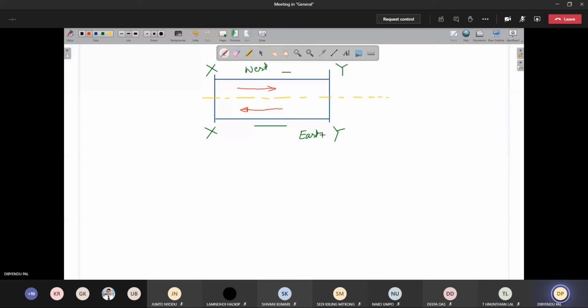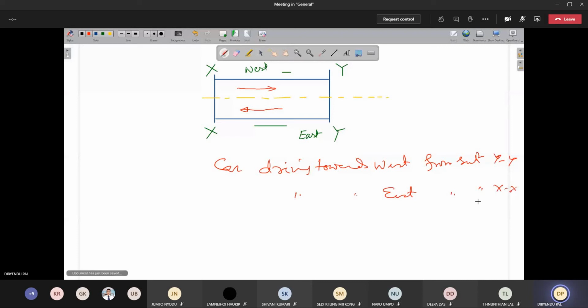Say a car is driving towards west from section YY, and another car is driving towards east from section XX.